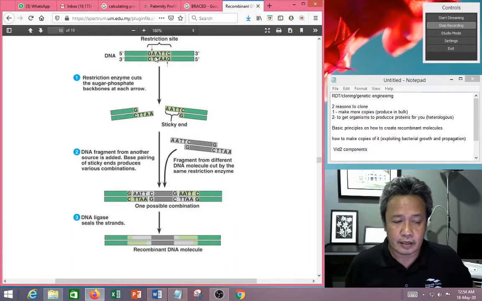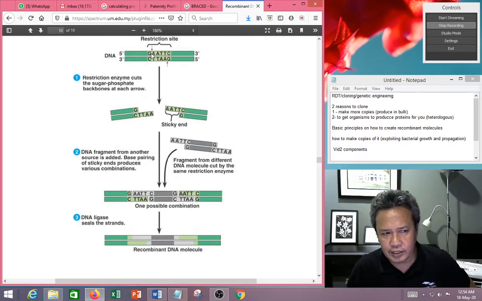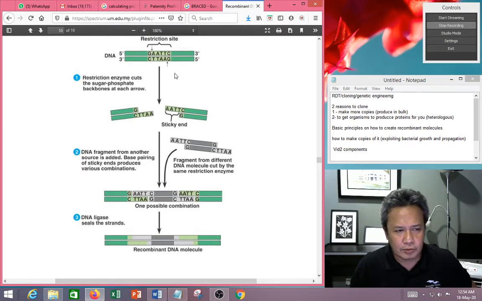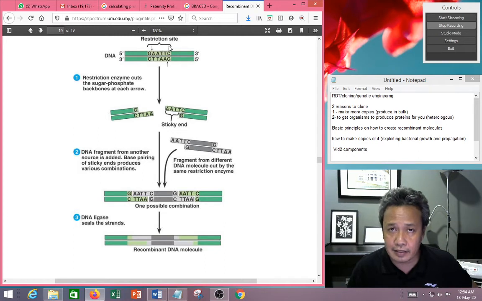So GAATTC is a specific site that is recognized by an enzyme called EcoR1. And what it does is that it will cut on the top strand between the G and A. On the bottom strand, it also cuts between G and A. Now look at this sequence. You will find that the top one reads GAATTC. Look at the bottom one, it also reads GAATTC.